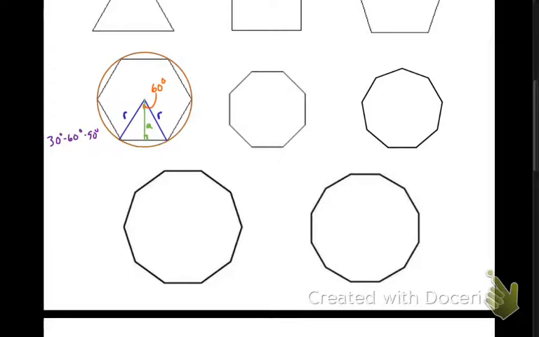Yep, that's a 60-degree angle right there, so that's a 30, 60, 90 triangle there. That's an equilateral triangle there in the middle.